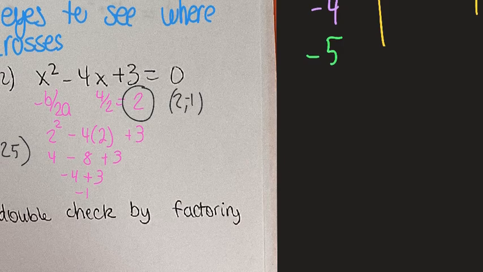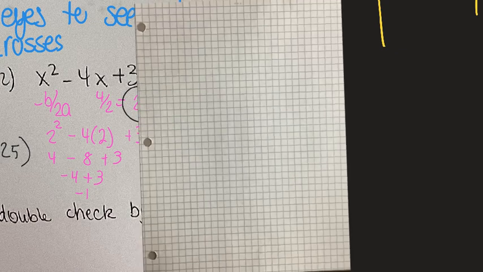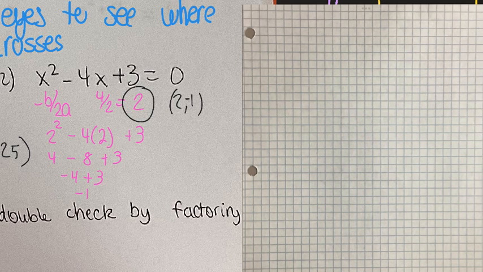I'm ready to get some graph paper. You already have your graph paper. I need my graph paper. Okay, so on my table, I know that 2 is in the middle. And 2 gives me a negative 1.